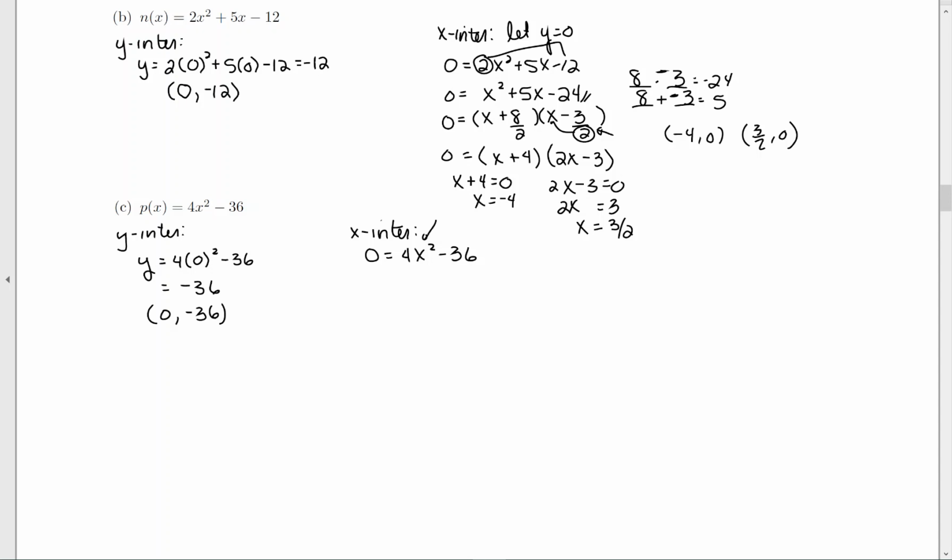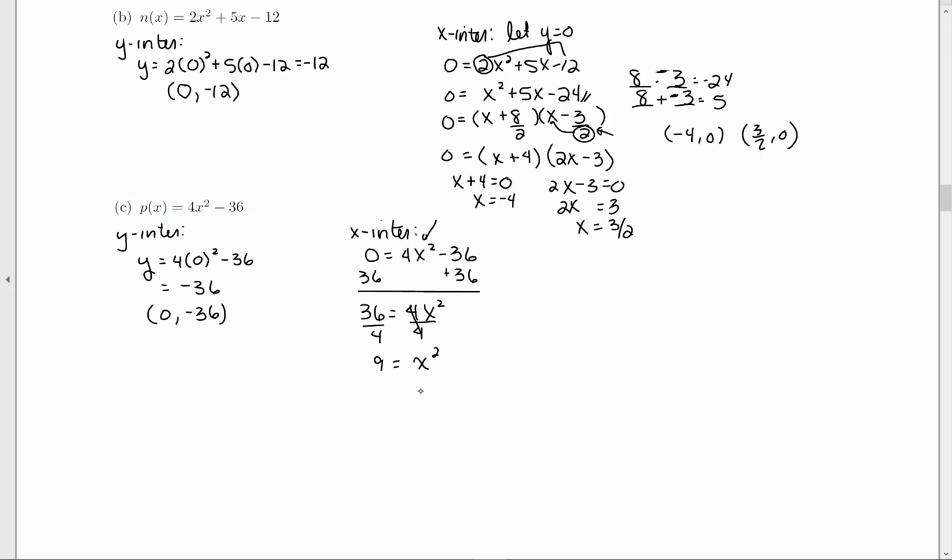Whereas in our previous 2 examples we had 2 terms with x's in it, so we had to do the factoring. This one I can isolate the x squared though by adding 36 to both sides. So I have 36 equals 4x squared. Divide both sides by 4 to get the x squared by itself. 36 over 4 is 9.